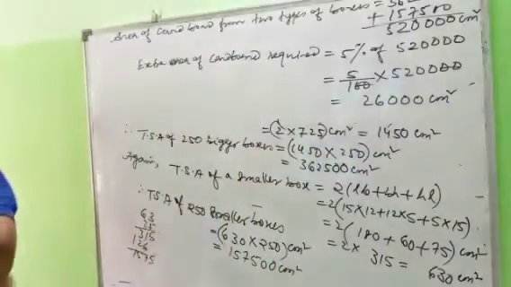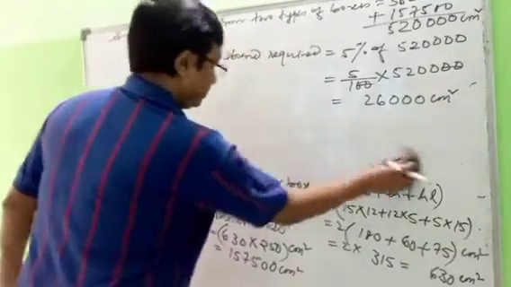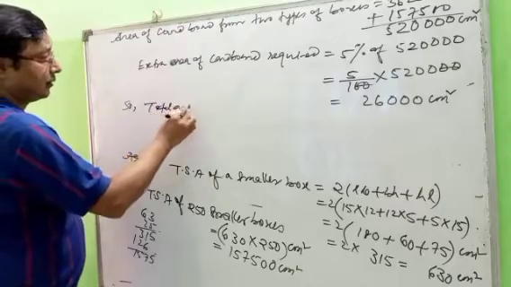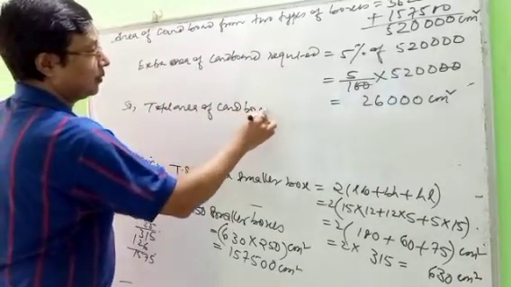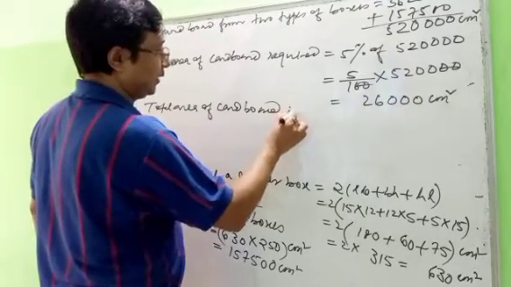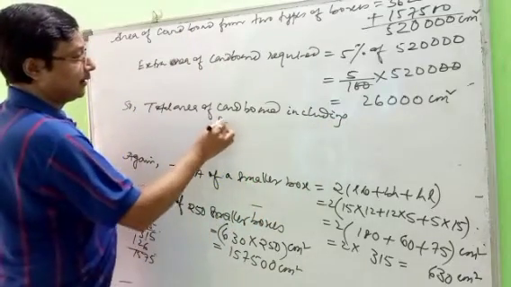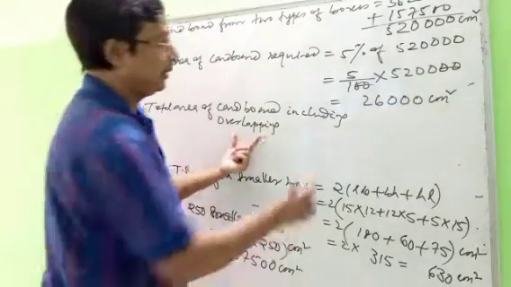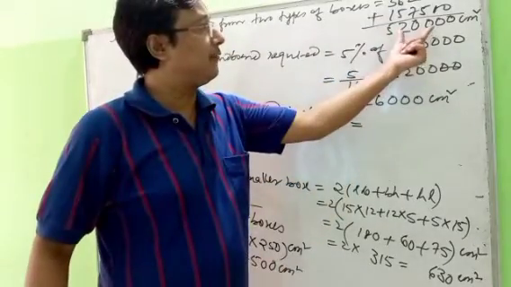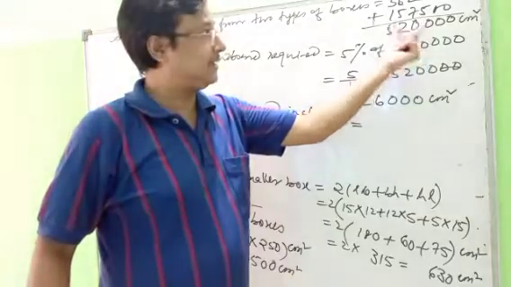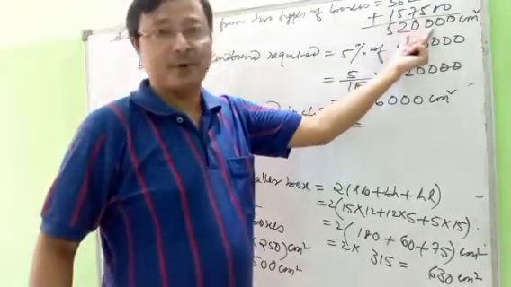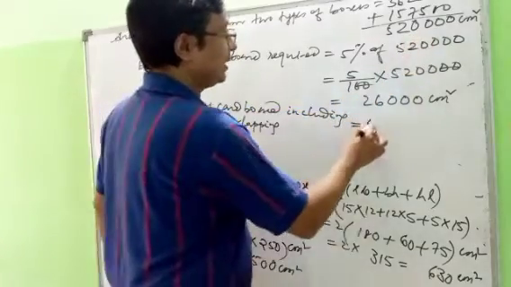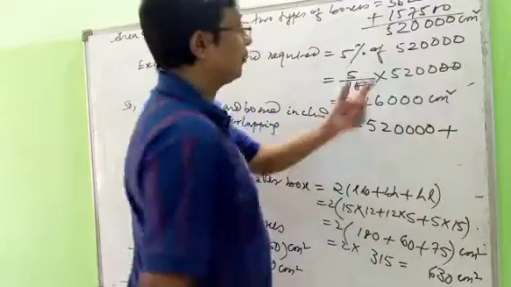So now the total area of cardboard including overlapping, that is the extra area of cardboard, equals the total area of cardboard from the two different boxes, 250 bigger boxes and 250 smaller boxes, which is 5,20,000, plus the extra.